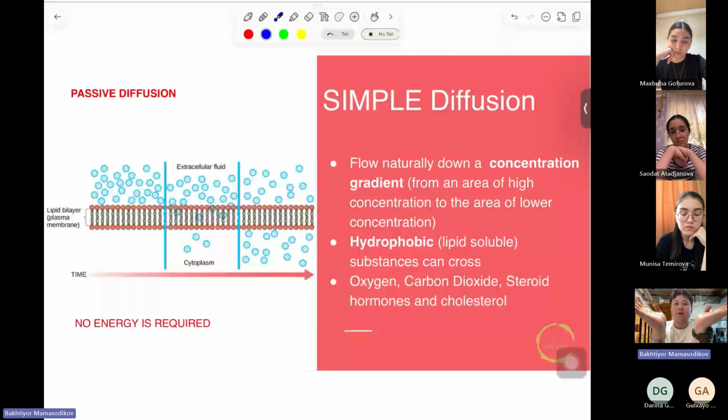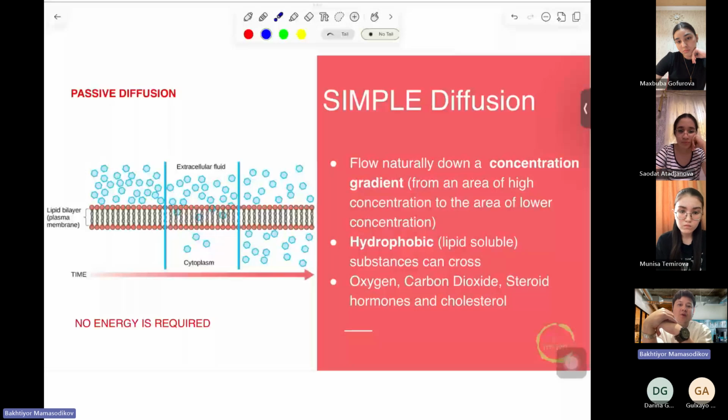For example, the apricot. You have the fresh apricot and you have the dried apricot, right? So, which juice will be sweeter? Do we have anyone who prepared juice? The fresh one will be sweeter.